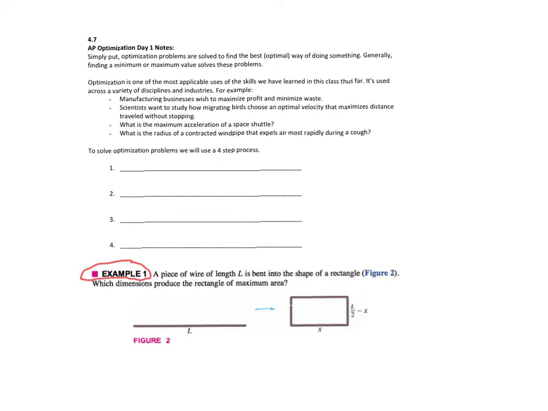Step 1, you want to define your variables and develop an equation. Step 2, you want to determine the interval and the critical points.